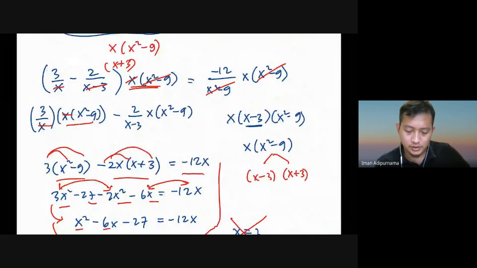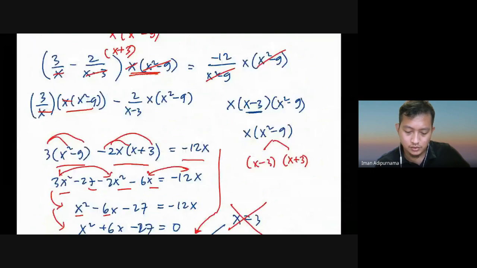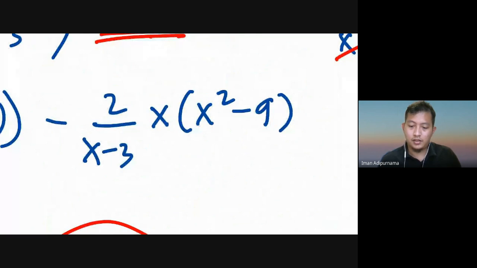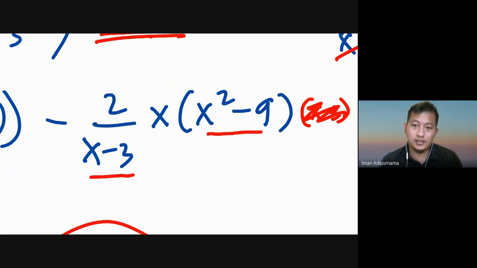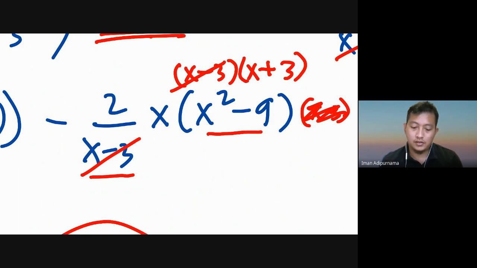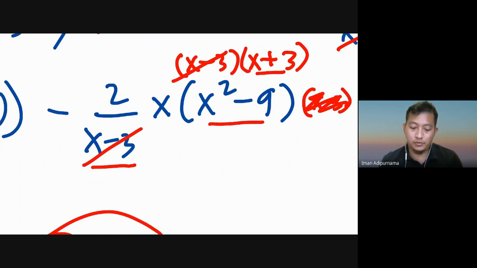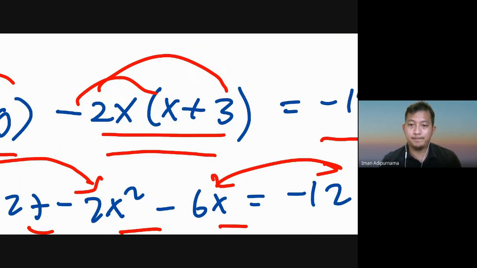Let me go here first for Helen. Okay. x squared minus 9 divided by x minus 3. Can we divide them? Yes. That's why you don't need to have x minus 3 here, because we already have it inside this x squared minus 9. So this is actually x minus 3, x plus 3. And I'm canceling this. So I'm multiplying 2x with x plus 3, which you can look here.